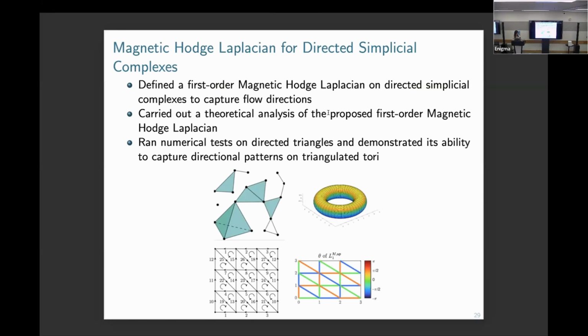And we did some theoretical analysis on the magnetic Laplacian and ran some numerical tests. For example, we can discretize a torus, a directed torus, and compute the one-up Laplacian matrix.